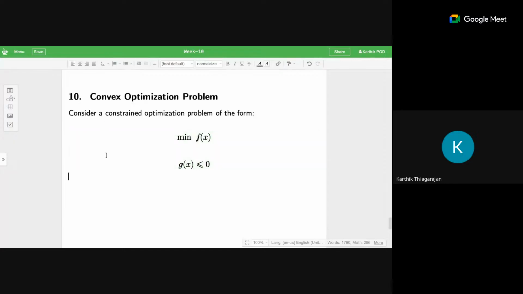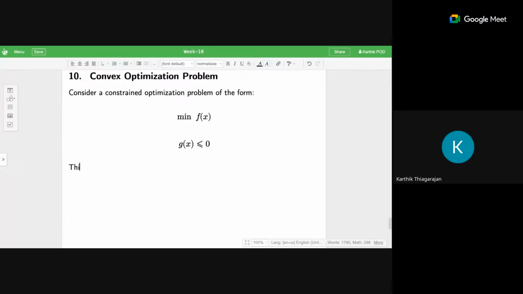This is called a convex optimization problem if f and g are convex. So if you have a single inequality constraint and an objective function of the form f of x, then this is called a convex optimization problem if both the functions are convex. Mainly the objective is convex, and the inequality constraint should be convex.